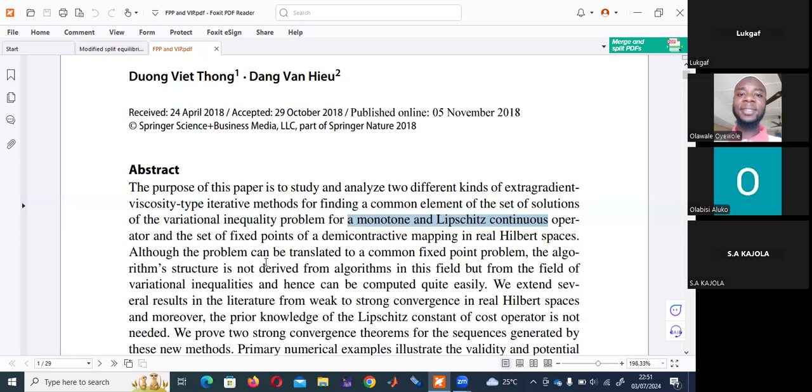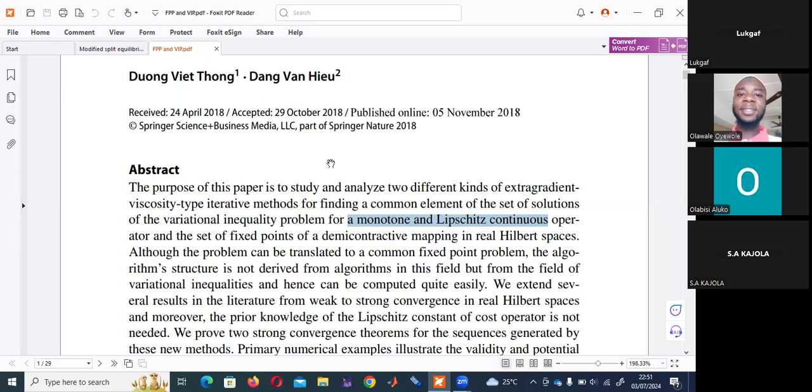They said, although the problem can be translated to a common fixed point problem. Do you know why? Because the last time we mentioned that solving the variational inequality problem can also be recast as a problem of finding a fixed point. Do you remember that statement? Yes, sir.